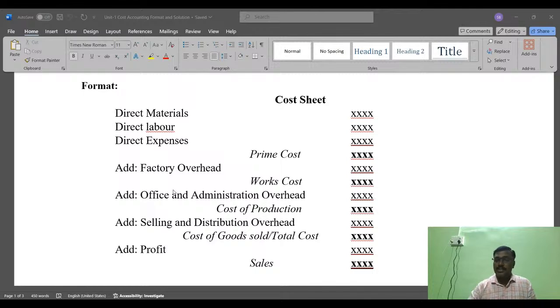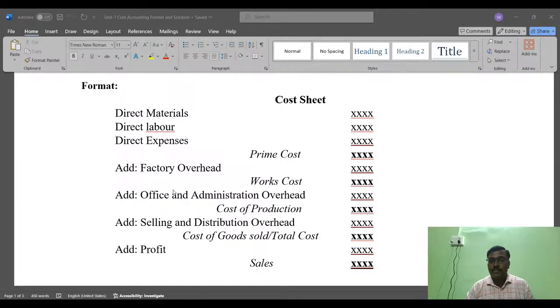Once the product reaches the showroom, we have to spend certain expenses to sell the product, like advertisement, salesman salary, salesman commission, bad debt, discounts we could offer to customers, or special coupons. Those are called selling overhead. After adding the selling and distribution overhead, the cost is called cost of goods sold or total cost.